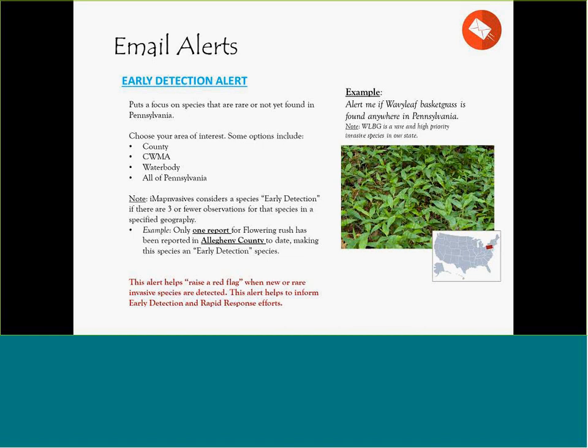And just so you're aware, the iMapInvasives program considers a species to be an early detection species if there are three or fewer observations for that species in a specified geography. Here's an example. Say there's only one report so far, one observation, of flowering rush, which is a land invasive species.